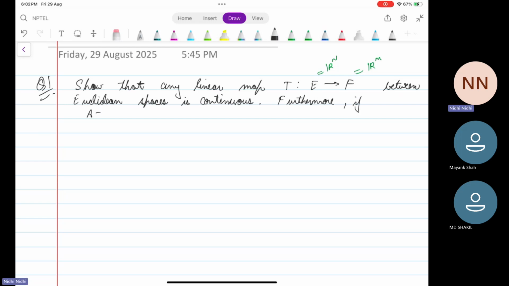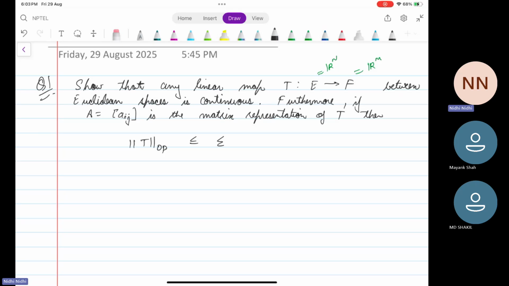If Aij is the matrix representation of the linear transformation T with respect to some basis, then we have the operator norm of T. Firstly, we'll show that this is continuous, and since it is a continuous linear map, this operator norm is well defined.